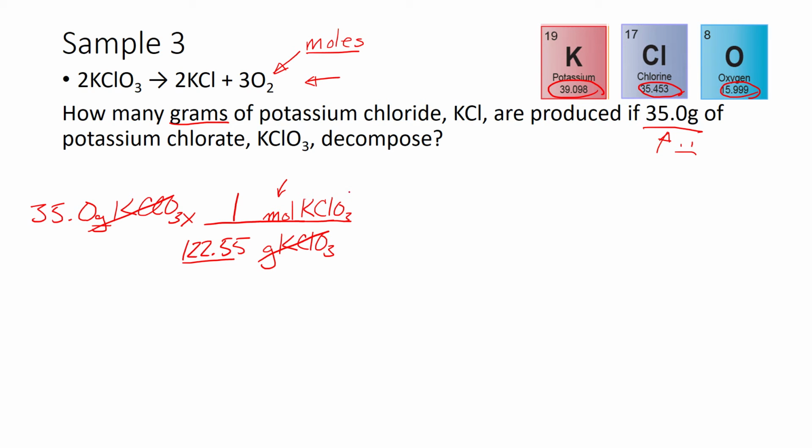And now that we're in moles, we can do the same procedure that we just did, meaning I can go from one chemical to the other using the chemical equation. So let's go out of moles of KCl. Oops, let me just erase this because it's ugly.